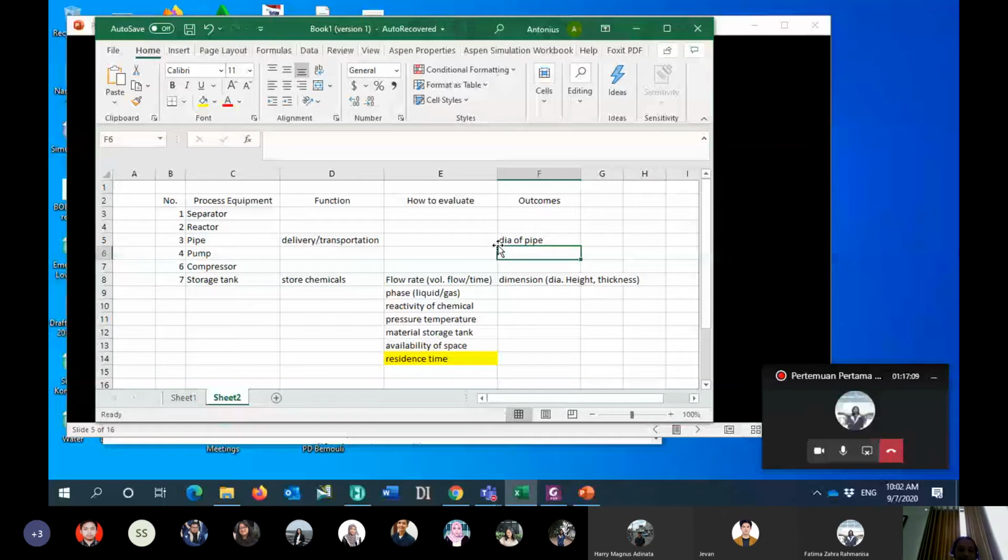In the previous storage tank, to connect between the flow rate and dimension, we have the residence time. How about now for the pipe? Okay, about the diameter of the pipe, I think it's the same.